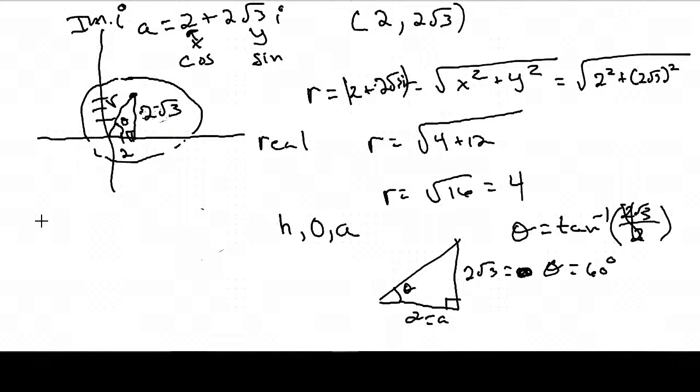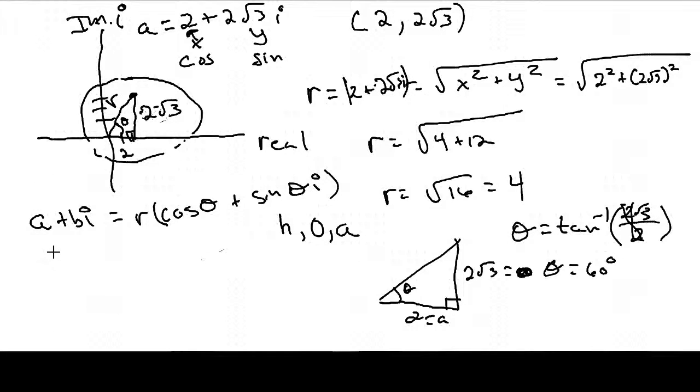Any complex number a plus bi can be written in terms of polar coordinates as r times the cosine of theta plus sine theta i. So in our example, we've got 2 plus 2 square root of 3 i. Now I need to fill in all the blanks. So what is our R? R is 4.